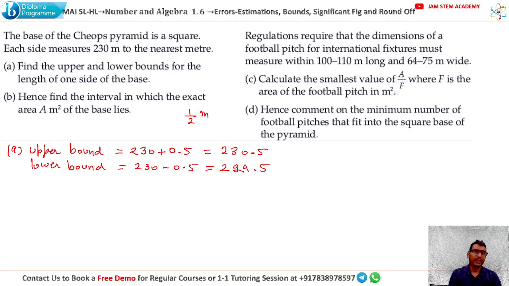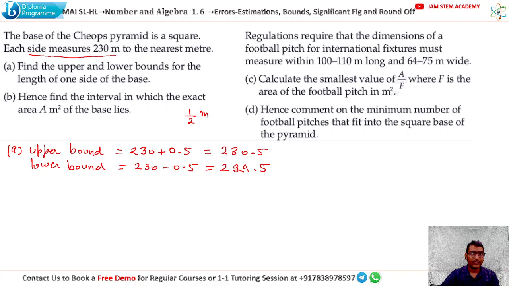Now B part says, hence find the interval in which the exact area A in meter square of the base lies. So in order to calculate the interval in which the area lies, I have to take the lower bound and upper bound respectively, right? Okay, so what can I say? I can say these are the sides. It says each side.